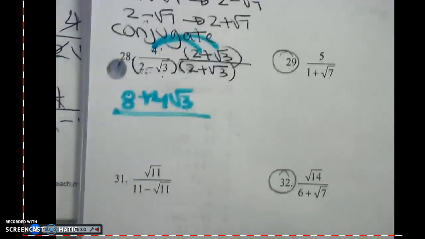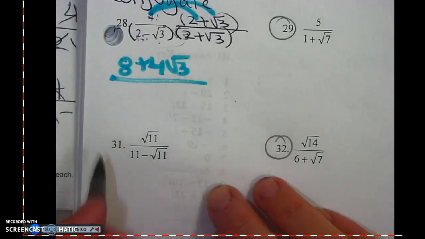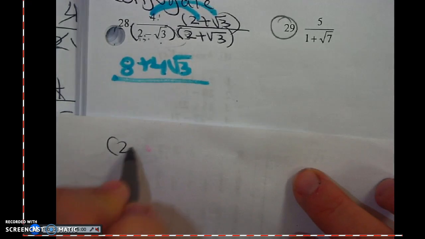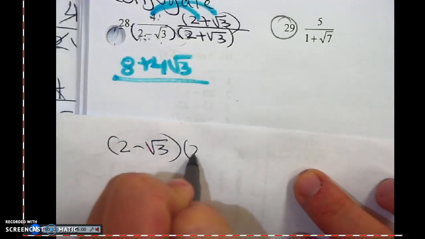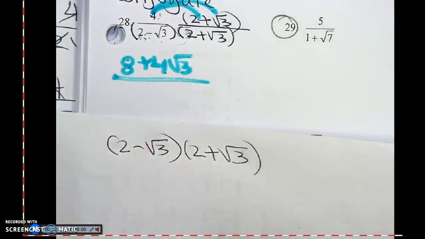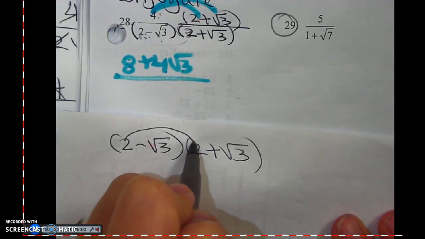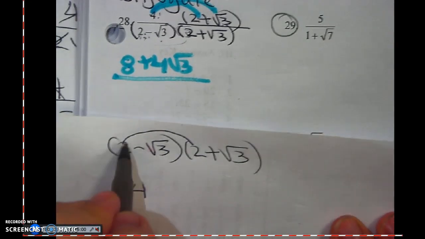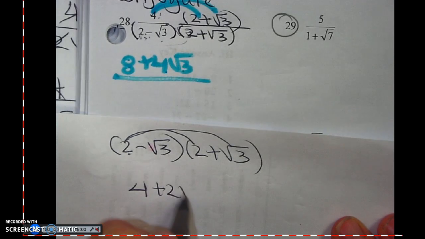So I'm going to actually show my work down here. It's not very conducive. Actually, I'll do it on paper. So if I had 2 minus rad 3 and 2 plus rad 3, when we're multiplying, we're going to multiply the first one times there. 2 times 2 is 4. 2 times rad 3 is 2 rad 3.